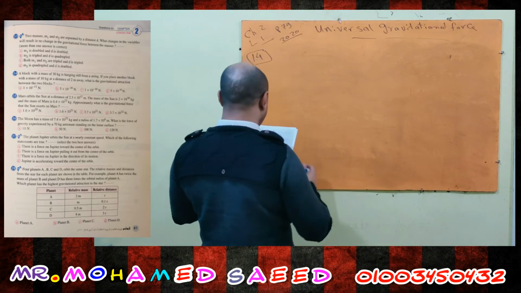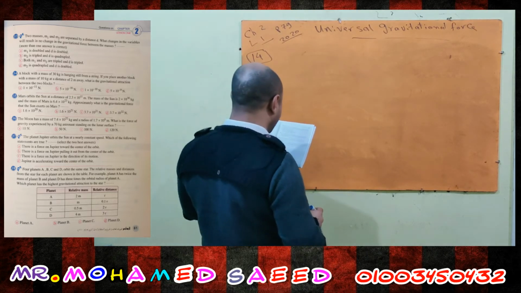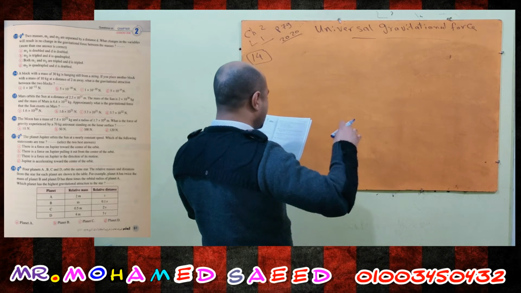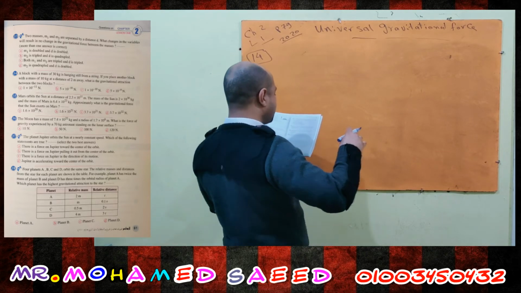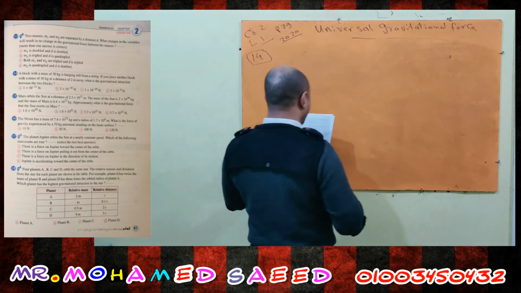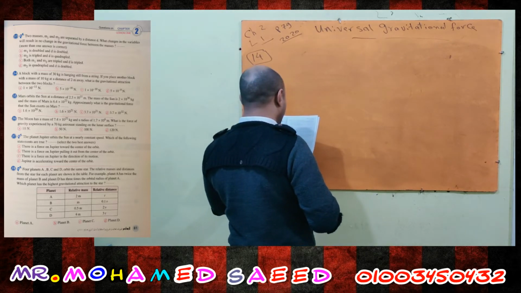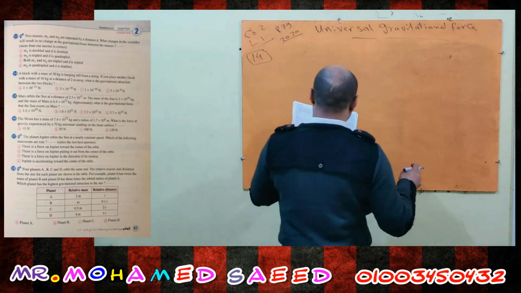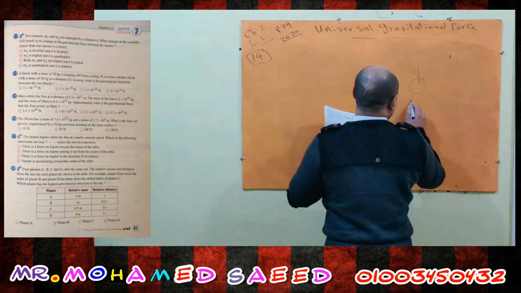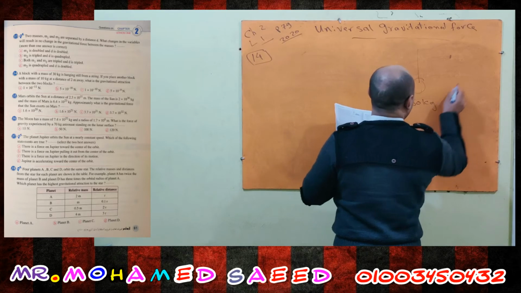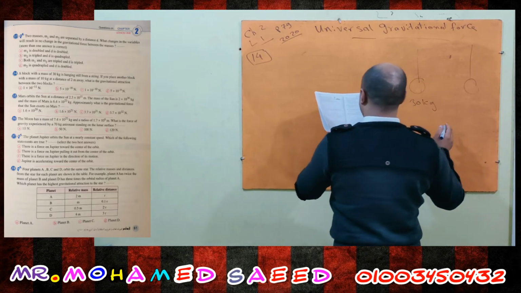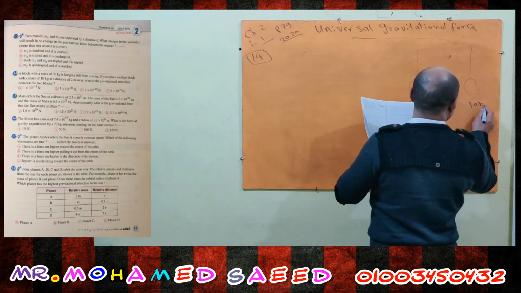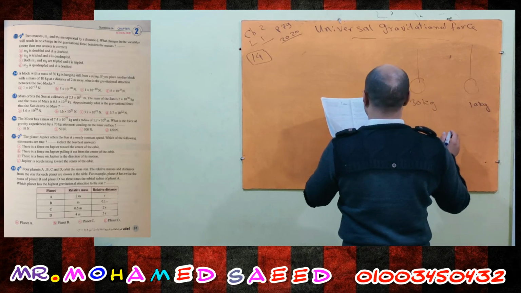Question number 14. A block with a mass of 30 kilograms is hanging still from a string. If you place another block with a mass of 10 kilograms at distance 2 meters away, we have 30 kilograms and another block of 10 kilograms, and the distance between them 2 meters.